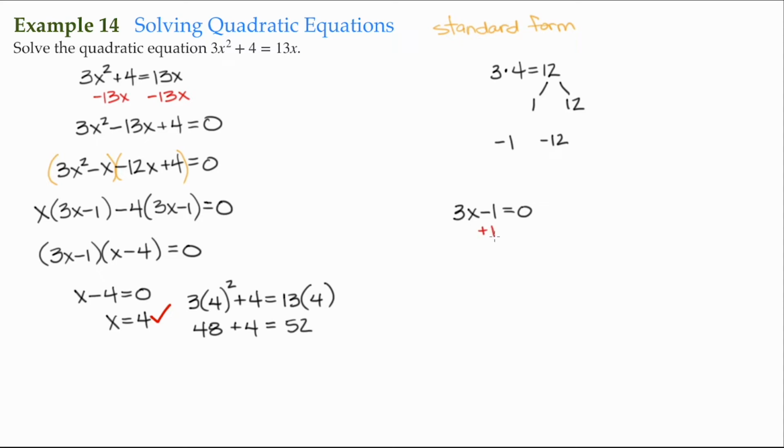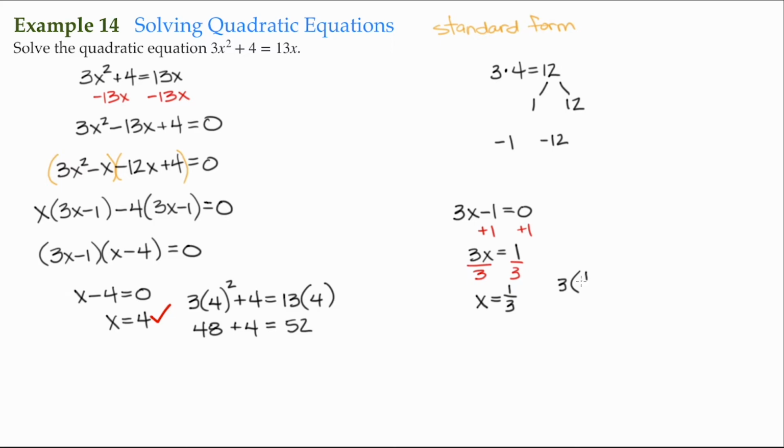If we add 1 to either side, this gives us 3x is equal to 1. We then divide either side by 3. X has got to equal 1/3. And of course, we'll check it.